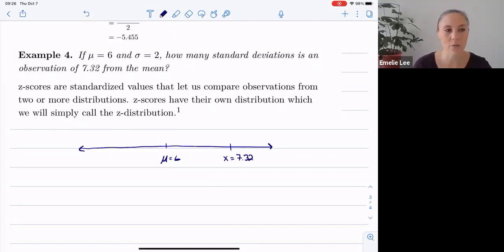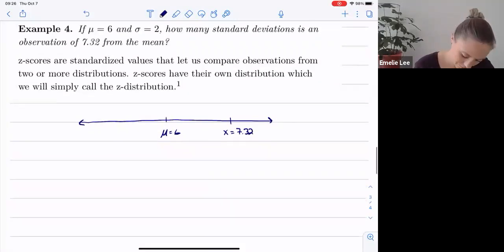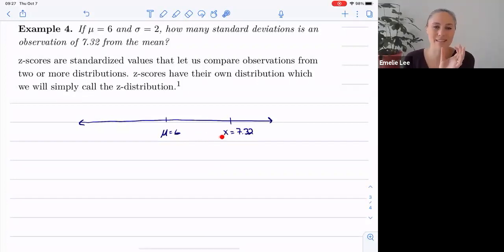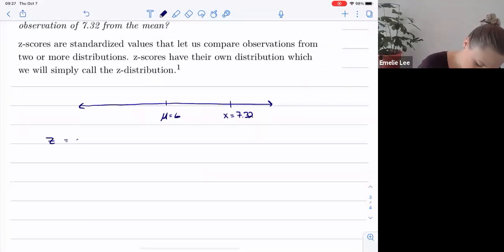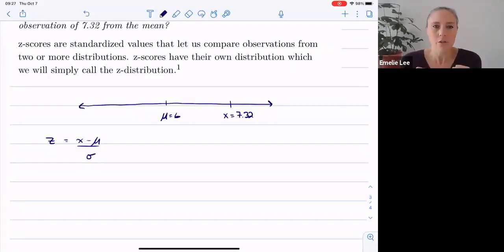Now, instead of finding this distance and then dividing it by 2, I'm going to set it up with just the z-score formula, because I know that's what it's doing. So z equals x minus mu over sigma. You should always write out your formula before you fill it in.